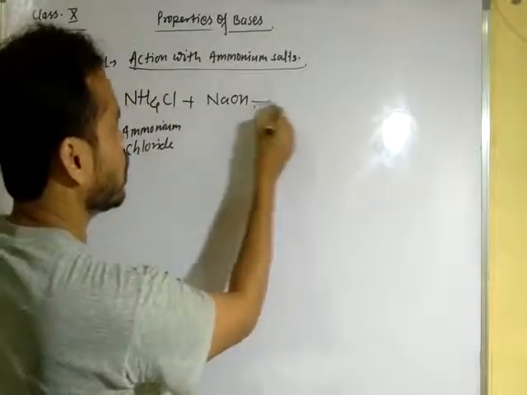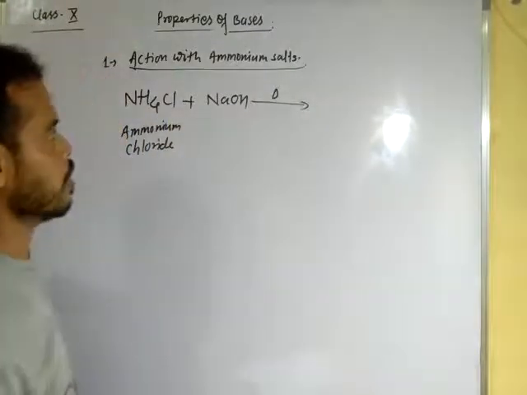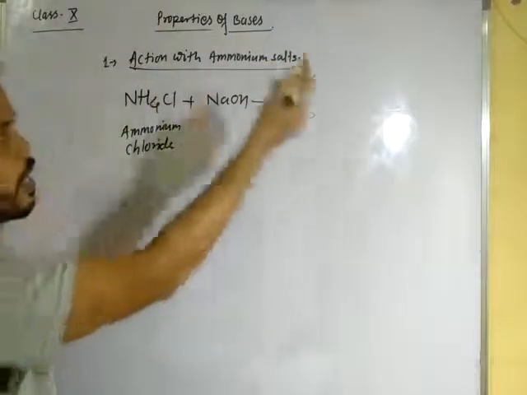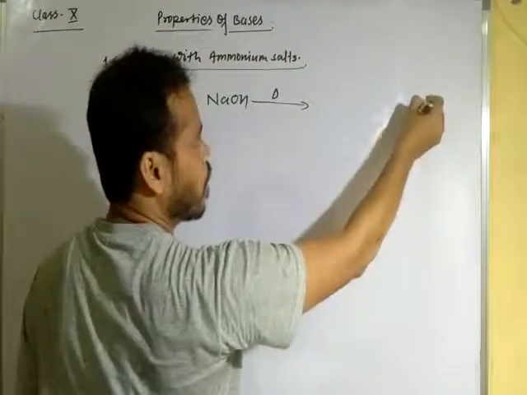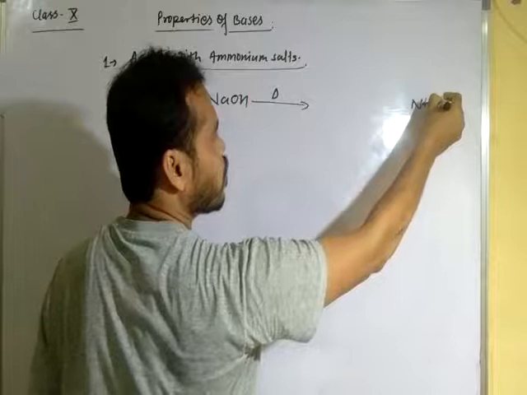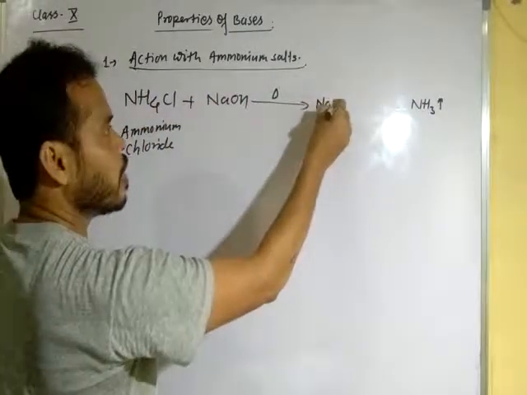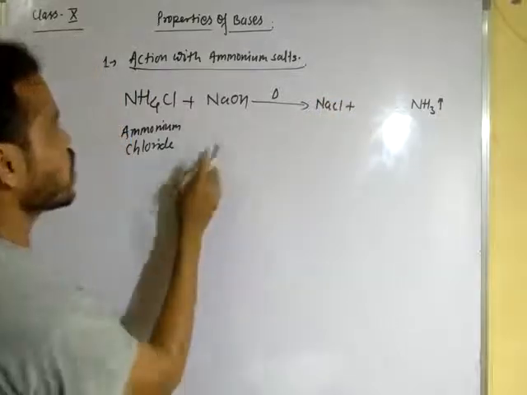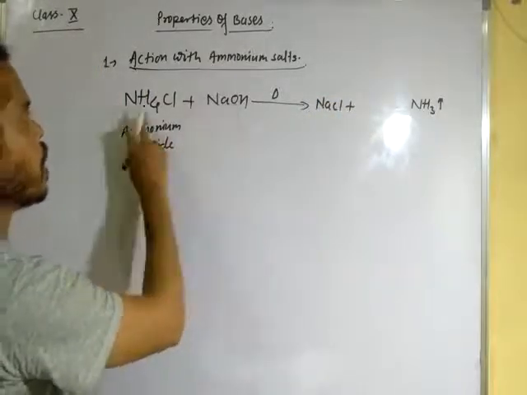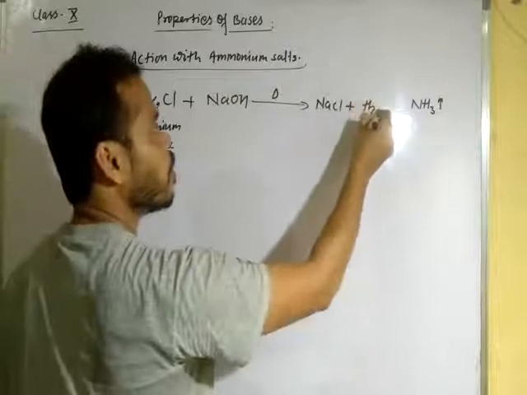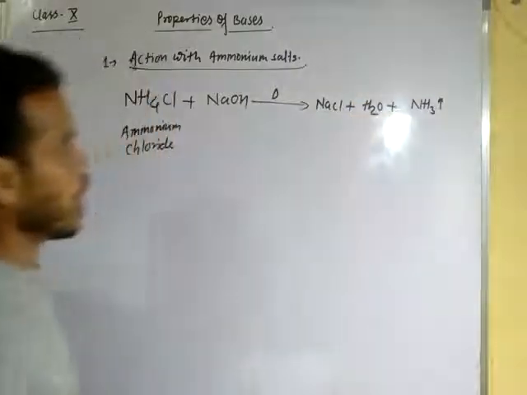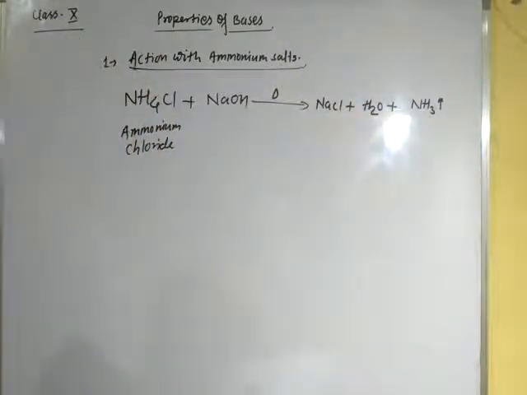When heated with this, it liberates ammonia gas. First of all, it forms ammonia gas like this, NH3, and sodium chloride here, NaCl, and H2O, oxygen and hydrogen and hydrogen from here forming H2O. I think this reaction is a balanced reaction.